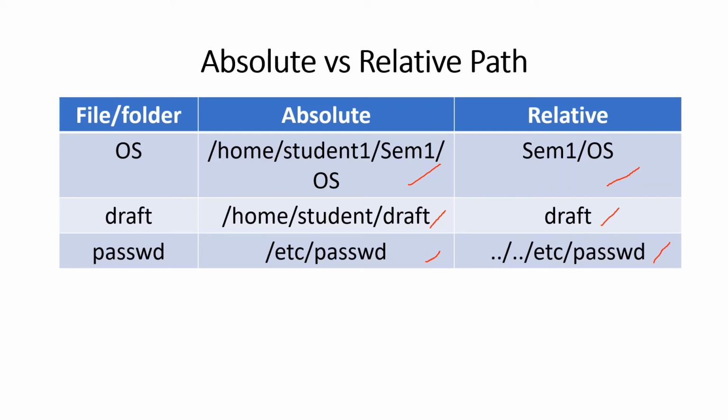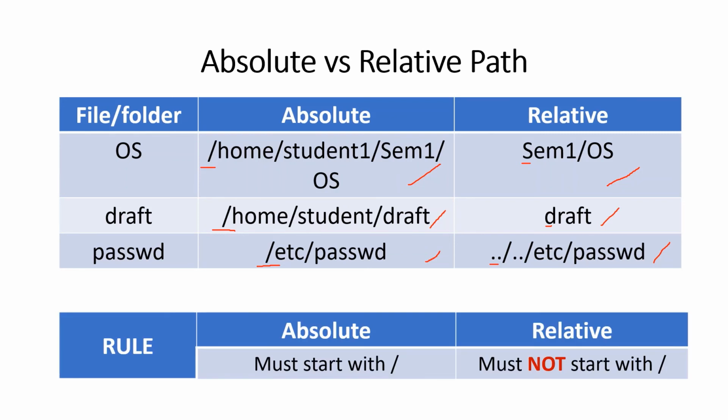You can see that the absolute path must start with a slash at the front because it starts from the top directory, while in relative you can use the name directly or the parent. So this is the rule: absolute must start with root, relative must not start with root. If you are not following this rule, then you basically have a wrong understanding.